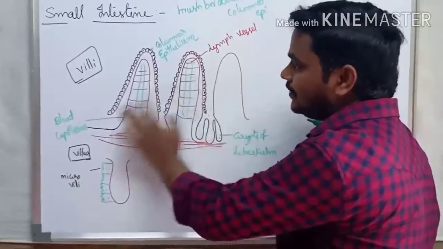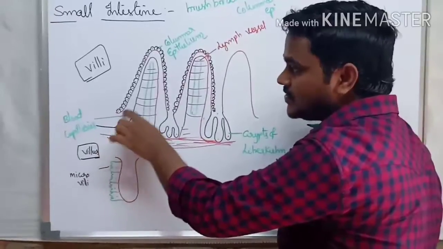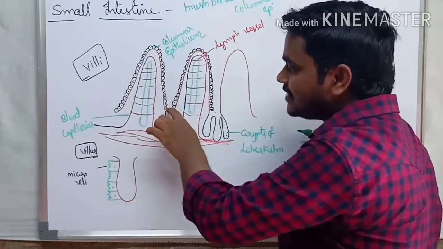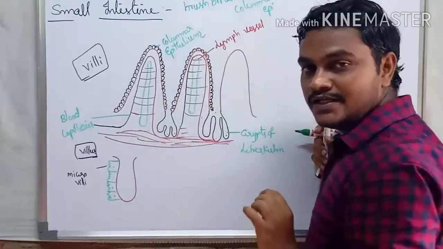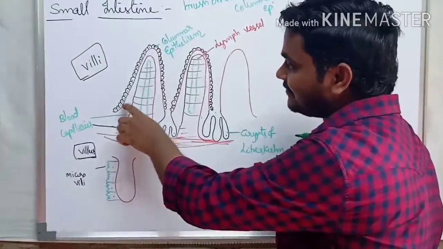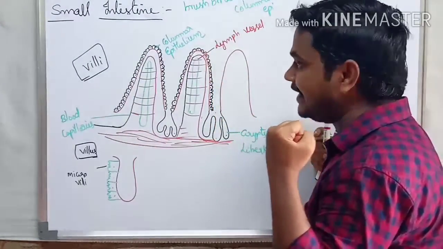These are called villi, plural, and singular villus. The villi are lined with columnar cells. These columnar cells are useful for surface absorption, increasing the surface of absorption. The villi are useful for the absorption of food materials into the blood capillaries.